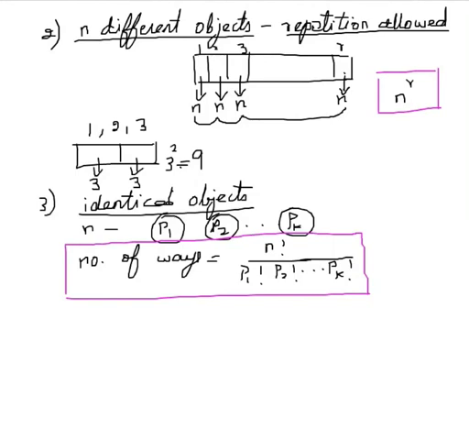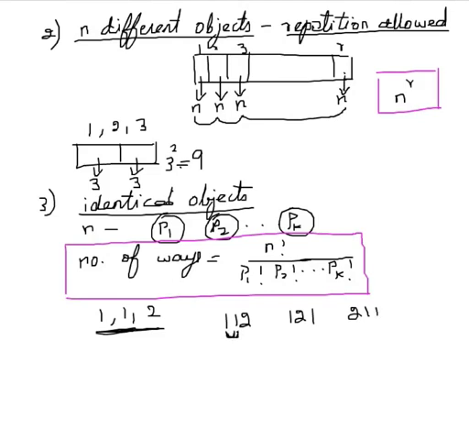Now for the third formula, let us consider this example. Let the digits given be 1, 1, 2. We have two identical items here, and we have to form a 3-digit number. Let us consider the permutation of all these 3 digits. It can be 112, 121 or 211.